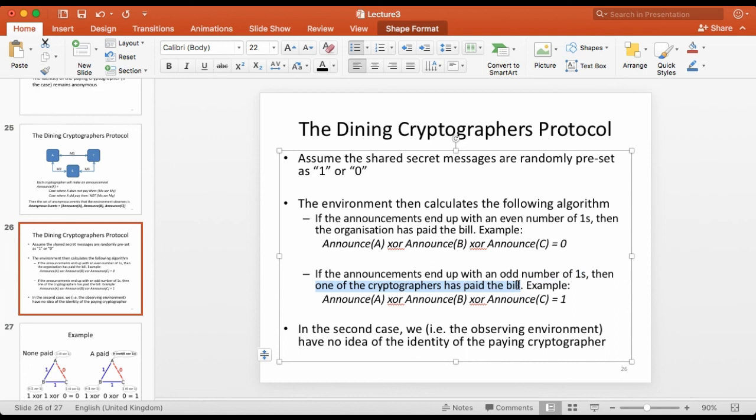However, notice here that even though you will arrive at that conclusion, you have no way of determining the identity of the cryptographer that paid the bill. Okay, so you only know that one of the cryptographers paid the bill, but you have absolutely no way of knowing which cryptographer actually paid the bill.